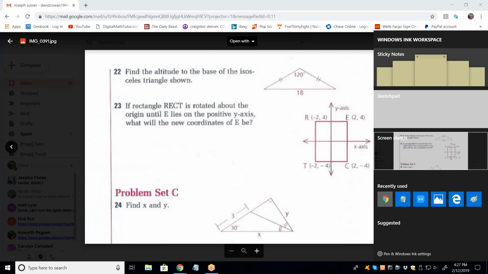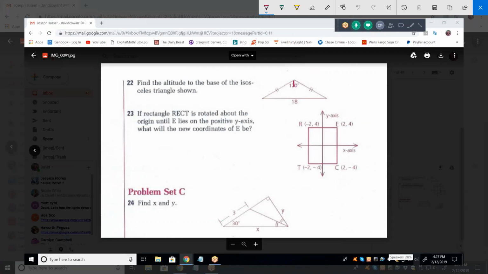All right. So the first thing we're going to do is draw the altitude. It's an isosceles triangle, so we know that creates 2 congruent triangles, and the altitude to the base. So we just need to figure out the altitude. Let's look at this triangle right on the left. What kind of triangle is that?